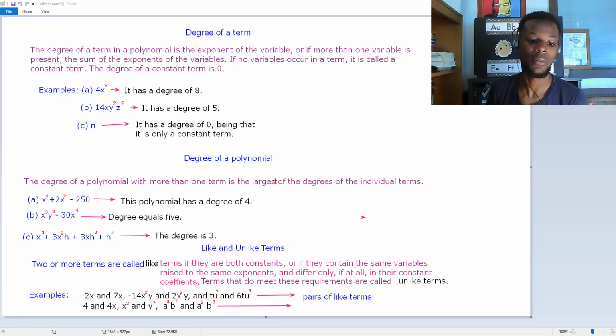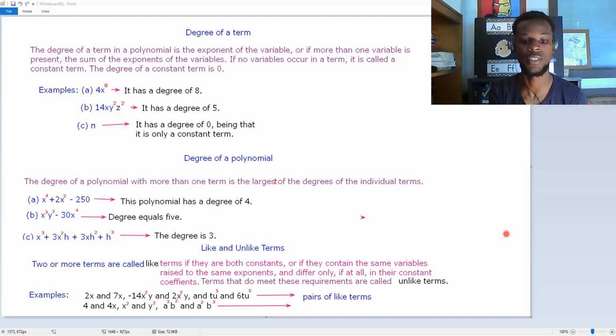Okay, now moving on along to the last section. Let's learn about like and unlike terms. Two or more terms are called like terms if they are both constants, which means they are only numbers, or if they contain the same variables raised to the same exponents and differ only, if at all, in their constant coefficients, which is just another word for the number, just a simple number in front of the variable.